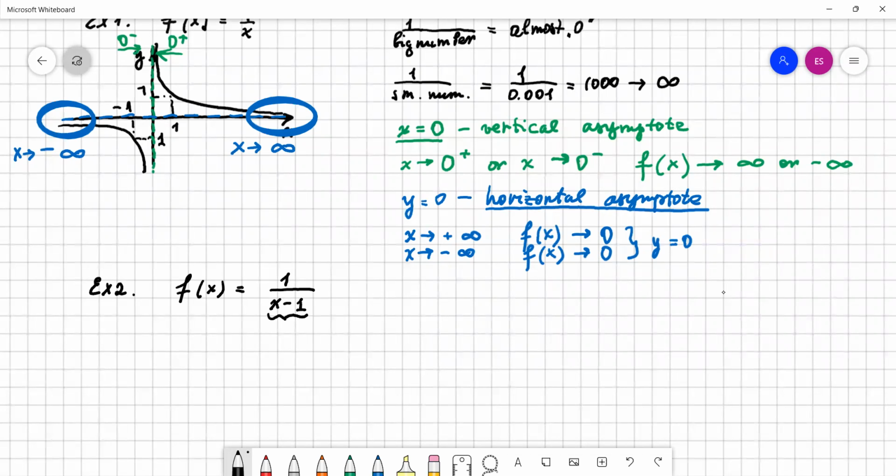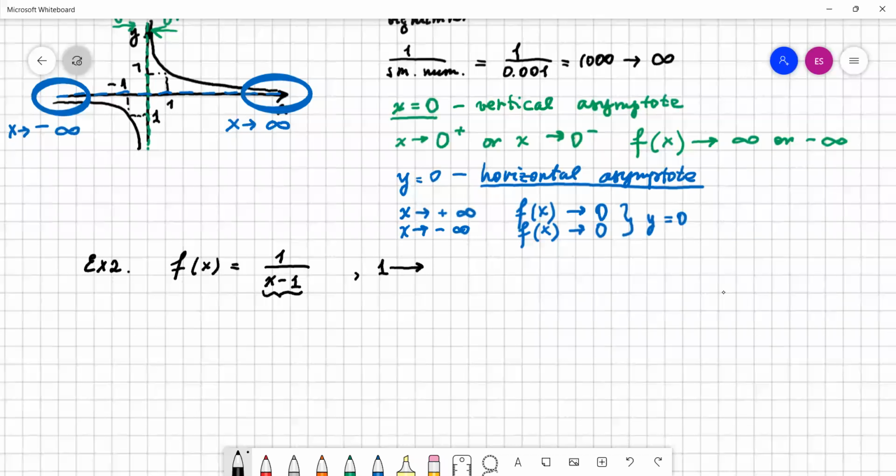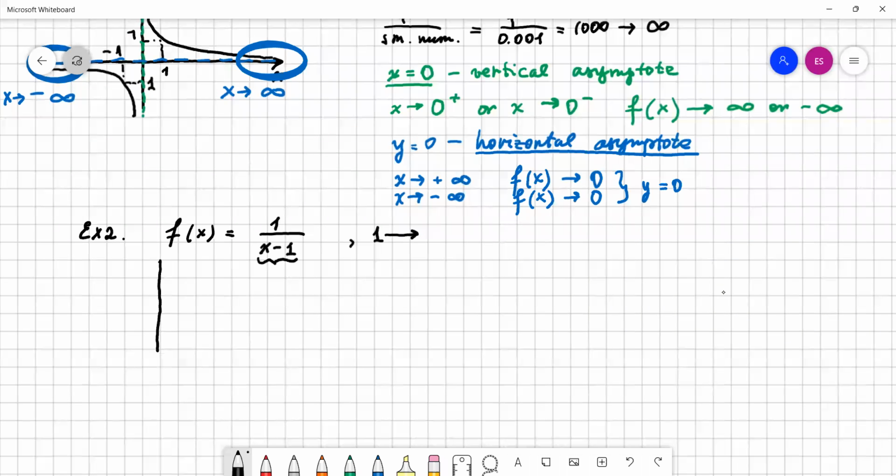Transformations, when from x we subtract something, means that we are going to shift the graph 1 unit to the right. 1 unit to the right is going to mean that the graph is going to shift everything 1 unit to the right. For example, vertical asymptote, which is a green, goes through x equals 0. Now we'll go through x equals 1. So x equals 1 vertical asymptote.